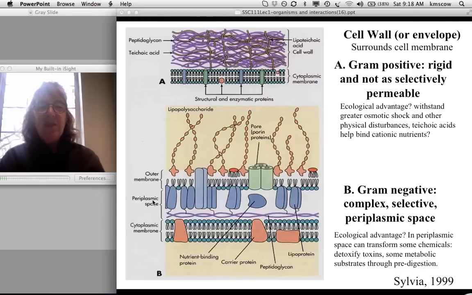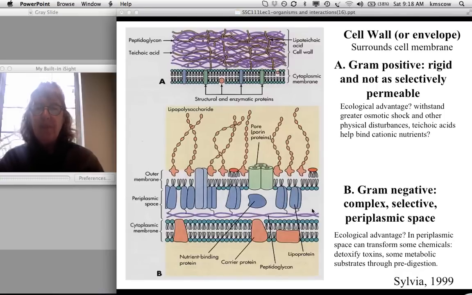And in this space, there's a lot of interesting things that can happen. The organism can detoxify bad chemicals out in the environment and prevent them from hurting it before they can go into the cell.